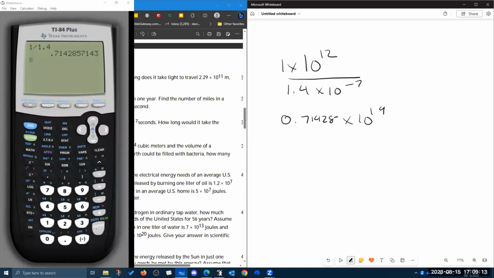Eight, 5, 7, so on. And we're going to make this 2 sig figs because the 1 times 10 to the 12th was exact. So 2 sig figs here is going to be 7.1 times 10 to the 18th calculations per second.